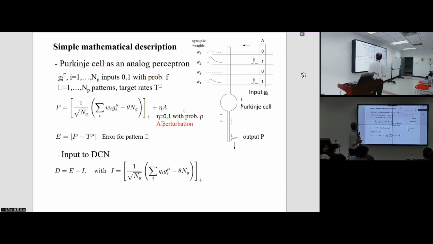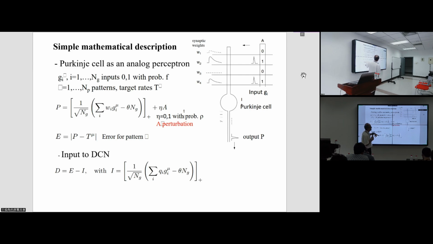E equals E minus I, what is it? Okay. So here, in some sense, this should be reversed.